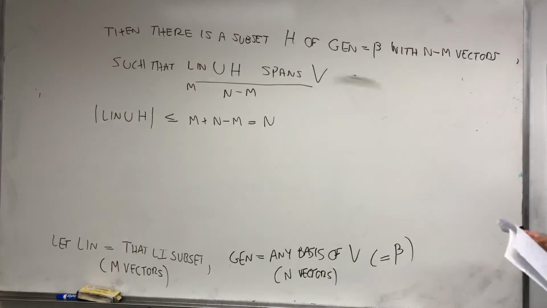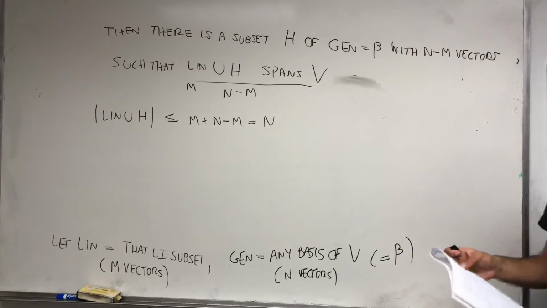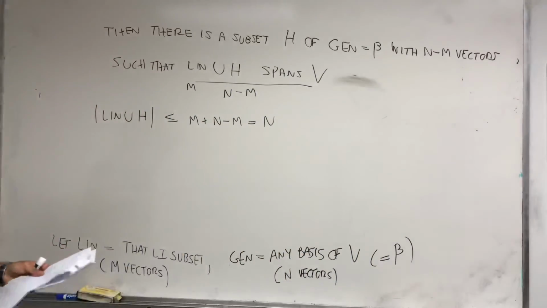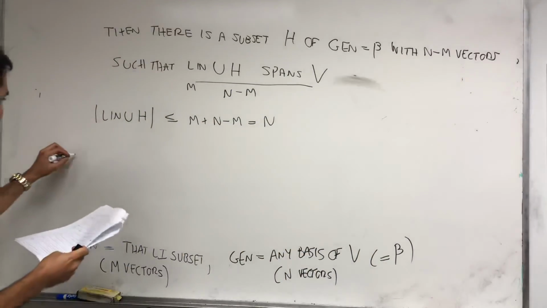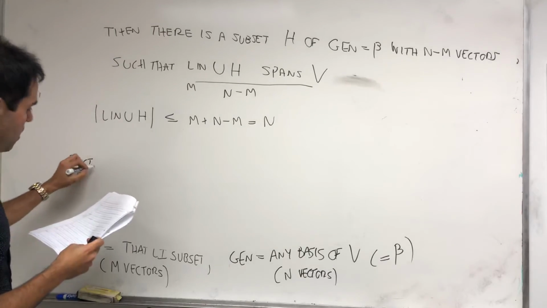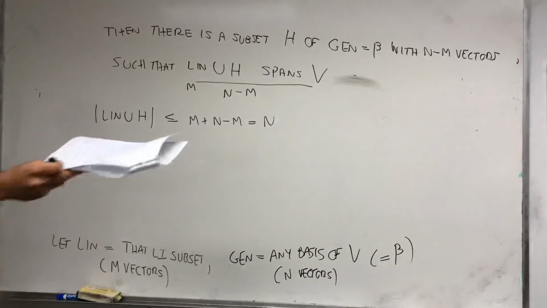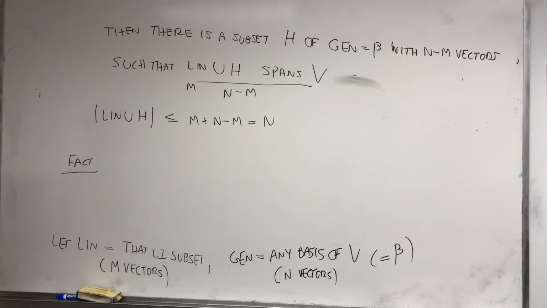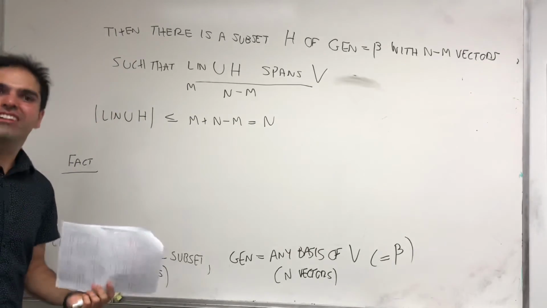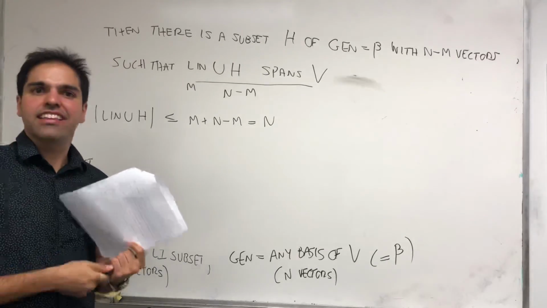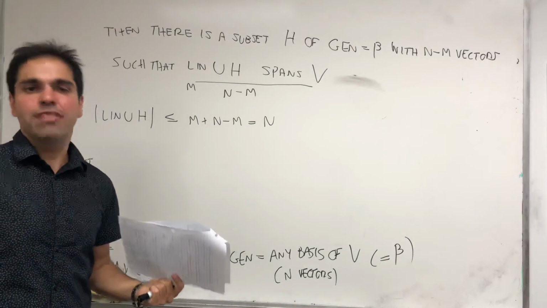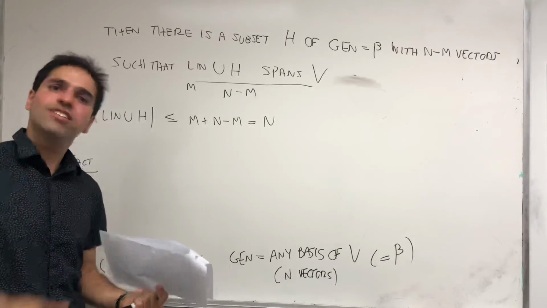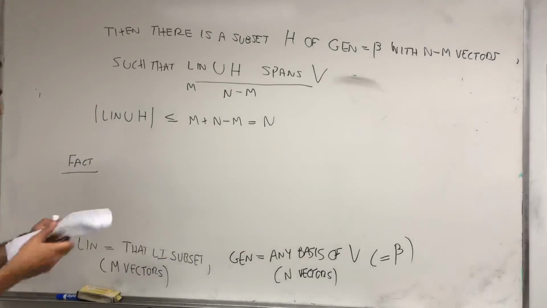And here is a fact that I won't show now. It's not related to the replacement theorem, but fact: if you have a set that spans your space, it must have at least n vectors. So, for example, if you have a set that spans R3, it must have at least 3 vectors, because if it has 2 vectors, it cannot span your whole space.